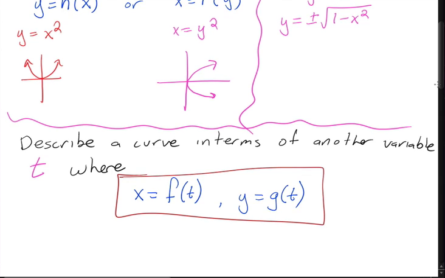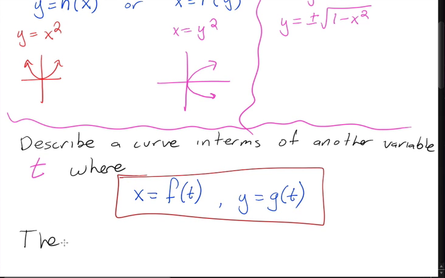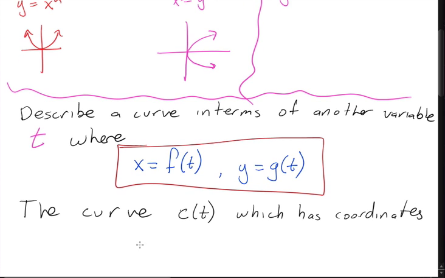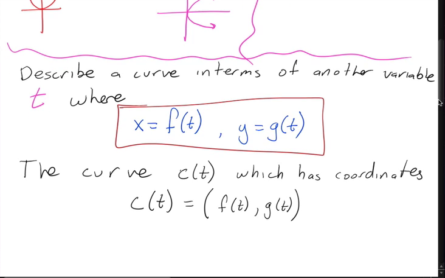So then the curve C of t, which has coordinates, C of t equals f of t for the x values and g of t for the y values, is called a parametric curve.